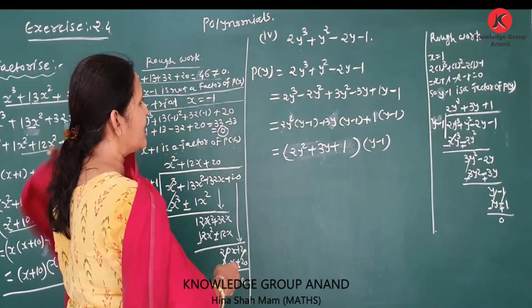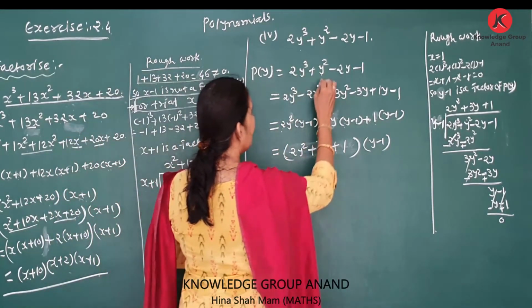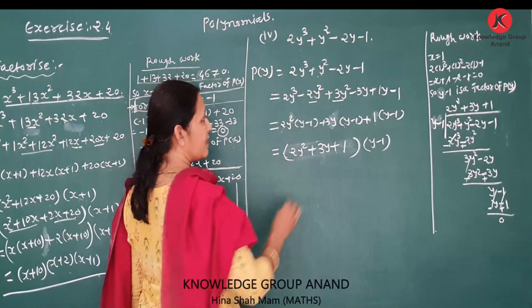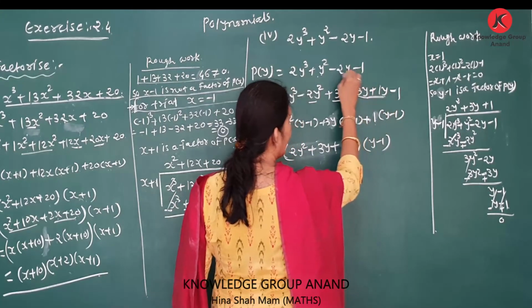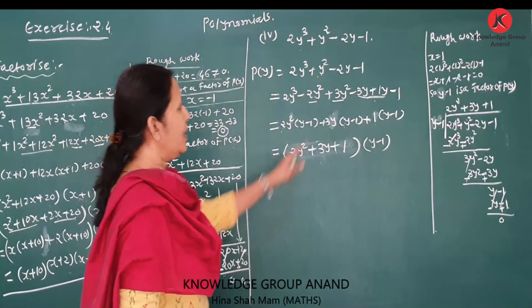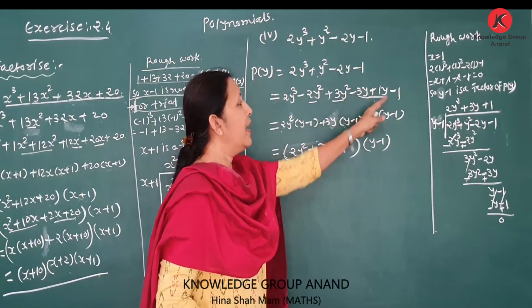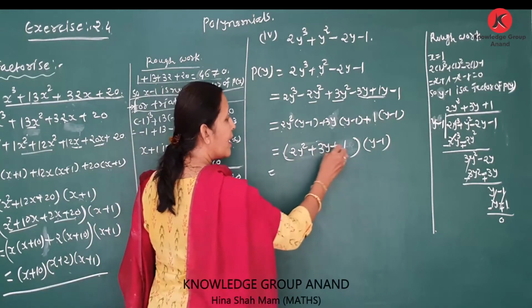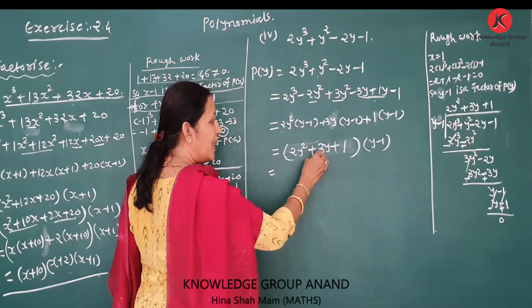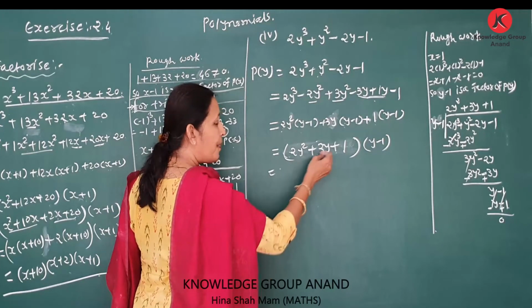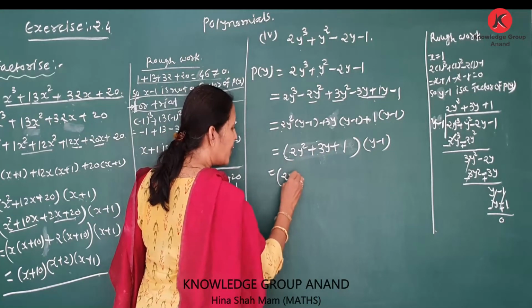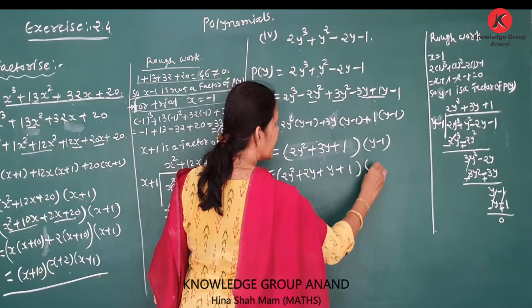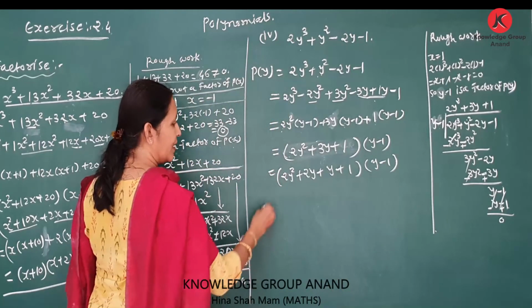Our question is as it is: 2y cube plus y square minus 2y minus 1. Now splitting method: 2 times 1 is 2, 2 plus 1 is 3. Therefore 2y square plus 2y plus y plus 1 into y minus 1.